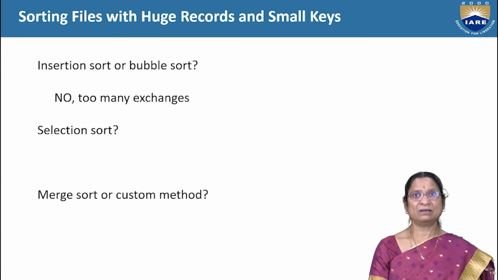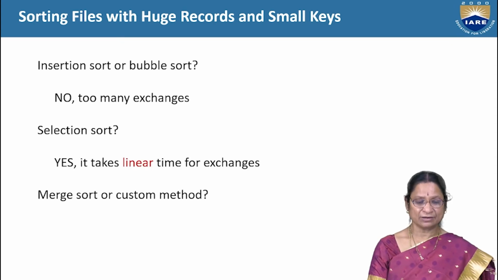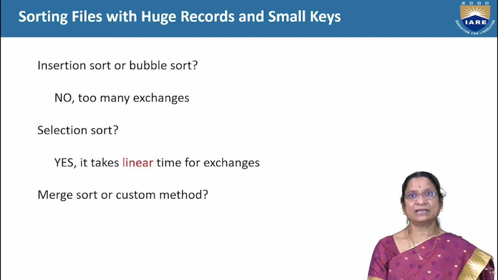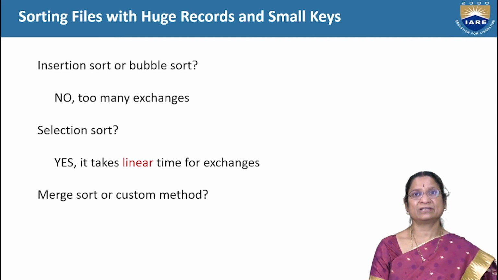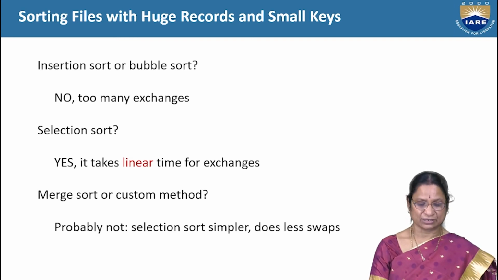It is not possible because too many exchanges are required. The data must be interchanged, and because the record size is large, it will take more time. Selection sort, yes, it may work because it takes linear time for the exchanges. Selection sort may be suitable for sorting such data.